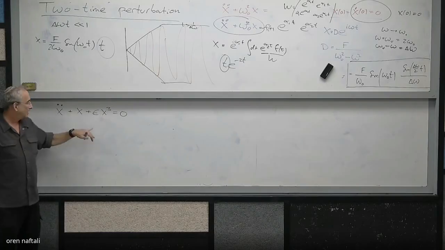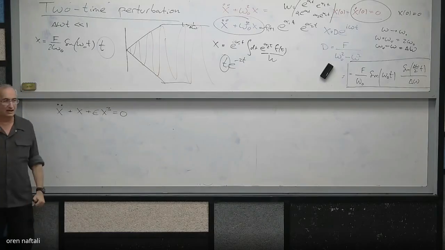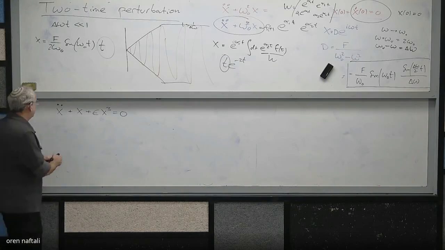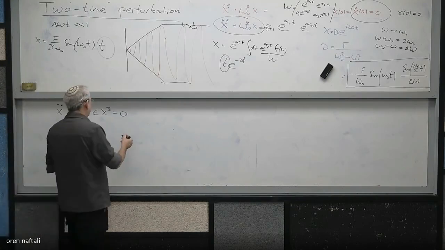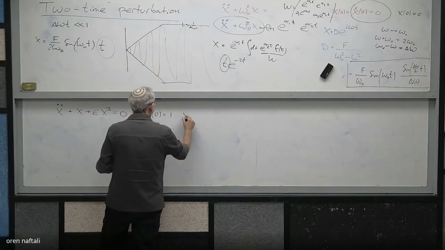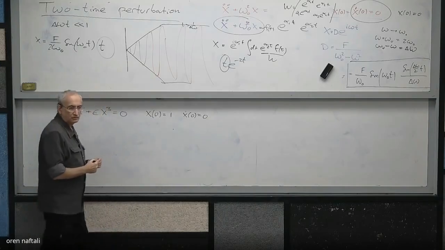And we have this epsilon. Now we want to find the solution, and I should supply you with the initial conditions: x of 0 is 1 and x dot of 0 is 0.